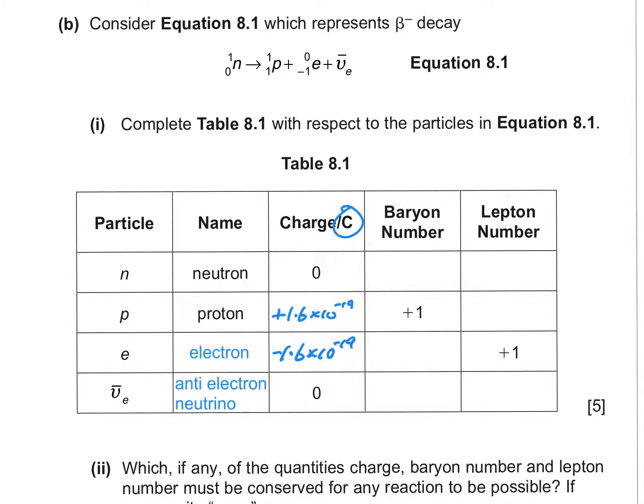Baryon numbers: the proton has a +1 baryon number, the neutron is also a baryon so it gets a +1, but the two leptons have to get baryon numbers of 0. Likewise, the two baryons have to get lepton numbers of 0, and the important one here is that this is an antiparticle, and antileptons will have a lepton number that is -1.